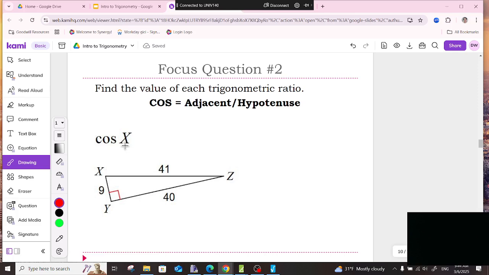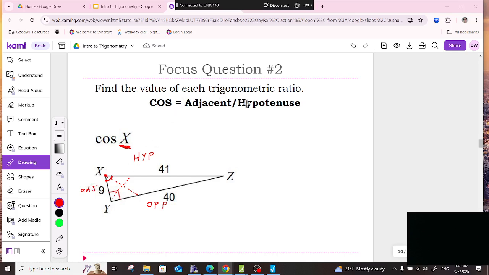Now it wants cosine. And which letter am I talking about? Which angle? X. My finger has to go on X here. And now I label it from X, right? So what side is opposite X? What side is my hypotenuse? And then what side would be the adjacent? 9.